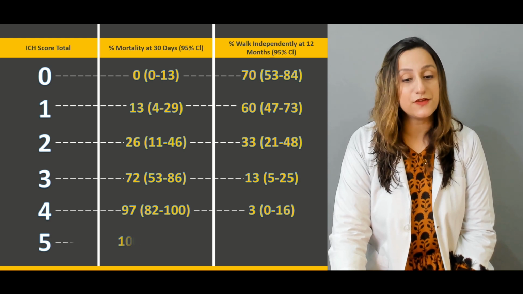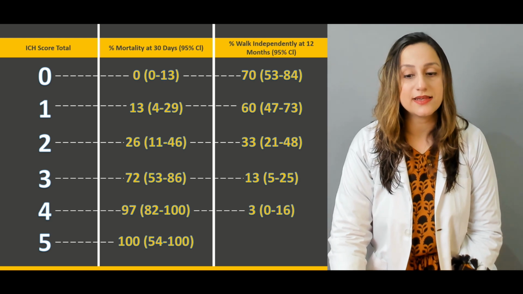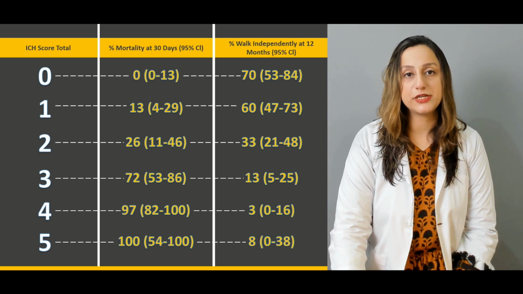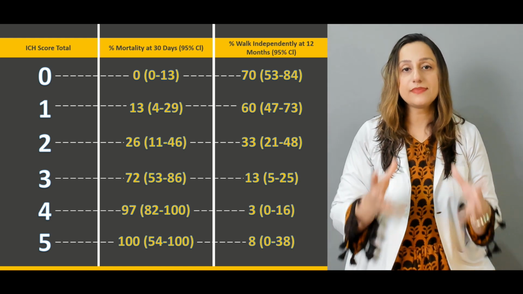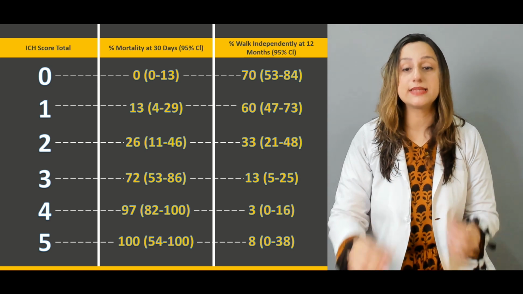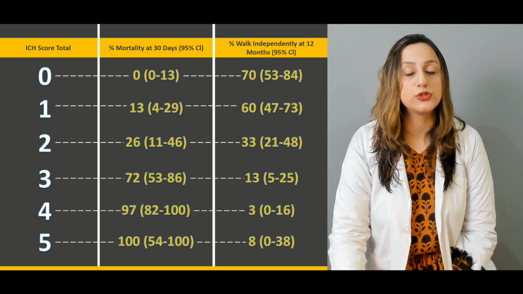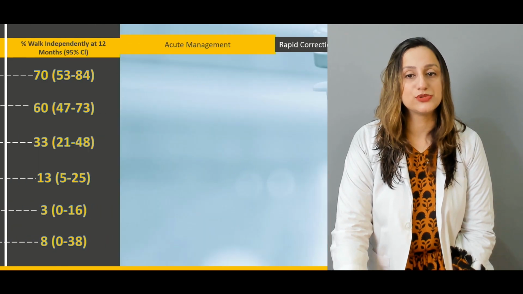For a score of 5, the mortality is 100%, and the chances for the patient to get mobile is almost 8%. So this is how the final outcomes and the prognosis in these patients is going to change along with the ICH scoring that we're going to note down in the emergency department.